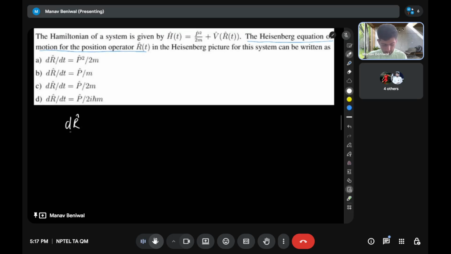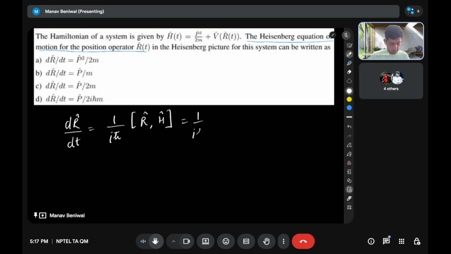So our dr by dt will be nothing but 1 by iota h cut times the commutator of r with H. Now let's evaluate this commutator. Let's put the value of the Hamiltonian which is given to us in terms of p and v.